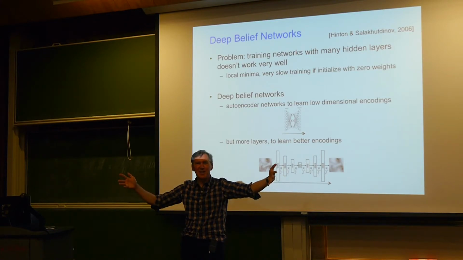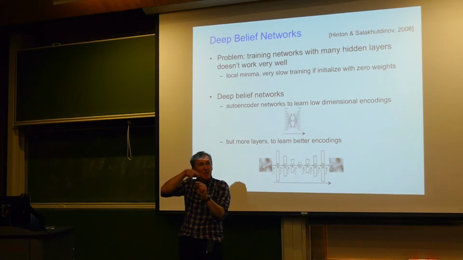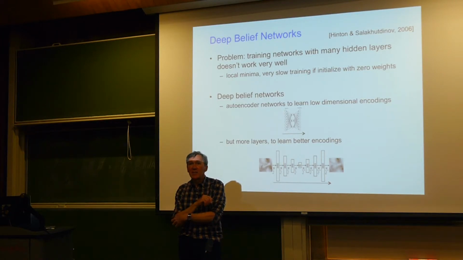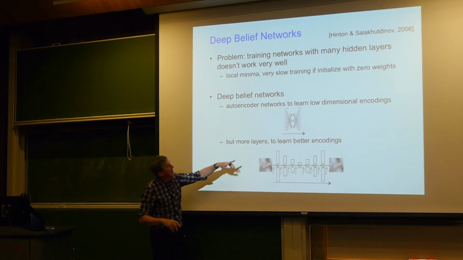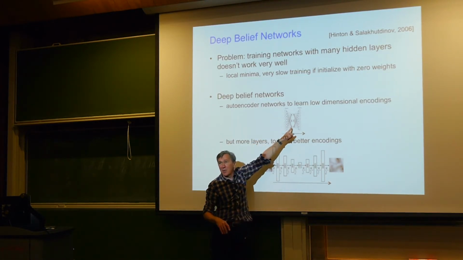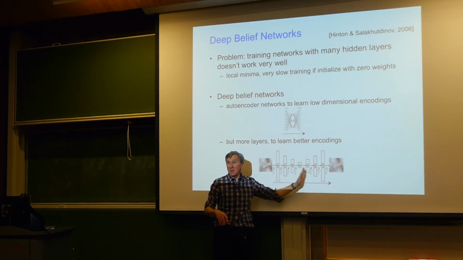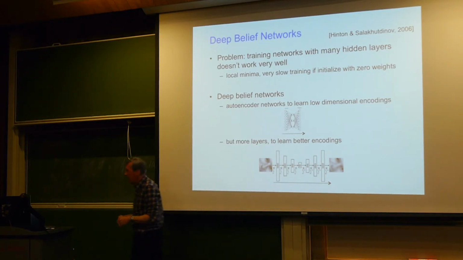The identity function is not a very exciting function to try to learn. But the reason to do it is to get the system to learn an interesting code, like we saw, for that type of data. And so deep belief networks replace our simple earlier example with a much deeper one, with many hidden layers of units.